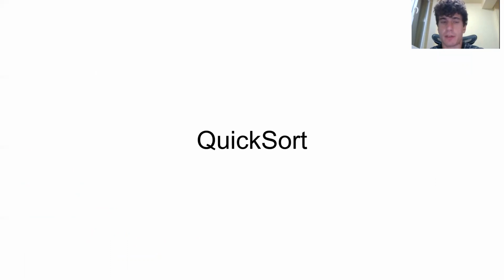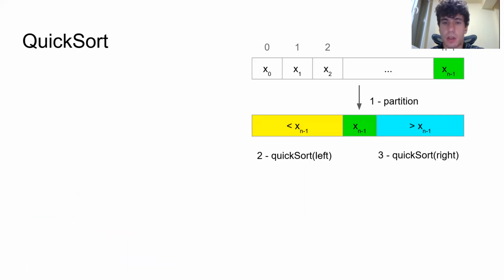So now that you have the partition function, we're ready to implement QuickSort. The basic idea is simple. There are 3 steps. First, we partition. We do what we did before. And then we call QuickSort on the left side and QuickSort on the right side.